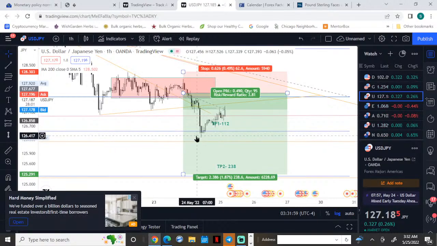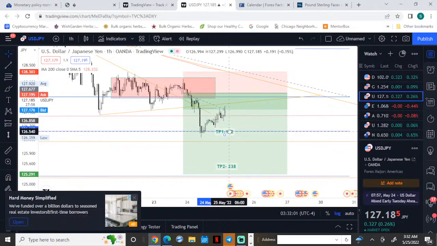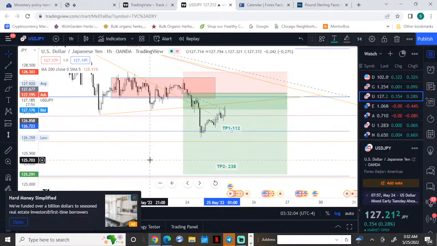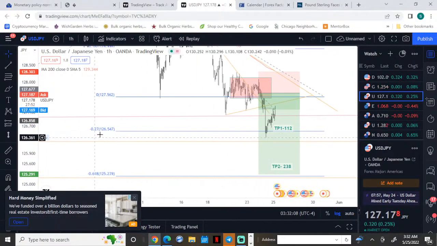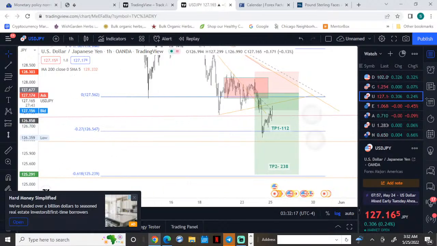So price hit this TP1 right here, this blue line, which is the negative 27 on my fib. And I'm expecting price to come down to TP2 at negative 618.